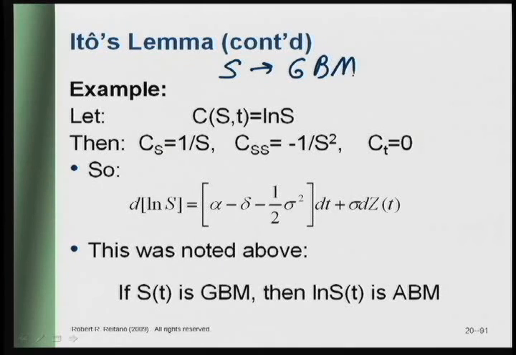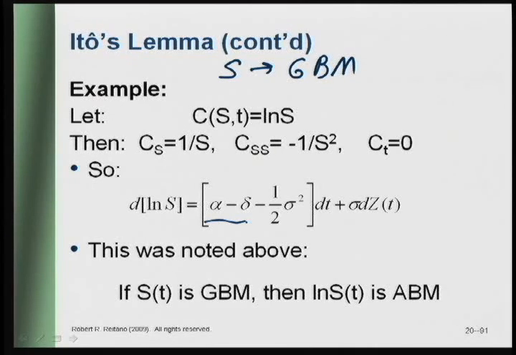And when I implement Ito's lemma, it says, here's the process followed by log S. It tells us that log S is arithmetic Brownian motion. And secondly, the drift of the geometric Brownian motion, which was alpha minus delta, has to be further reduced by a half sigma squared.